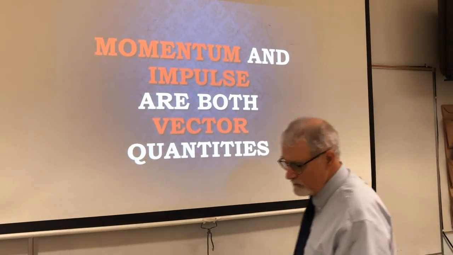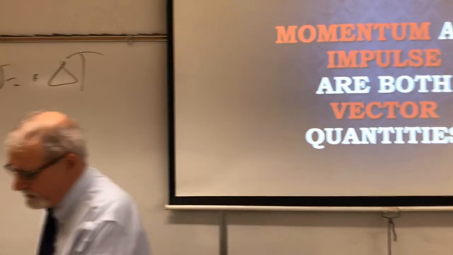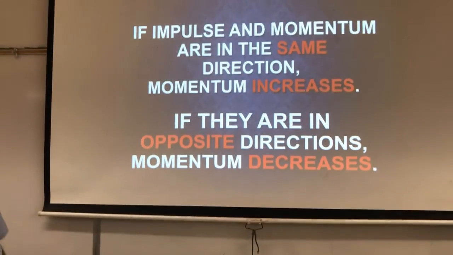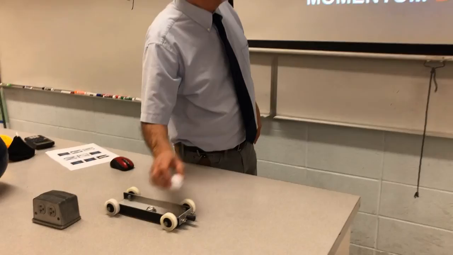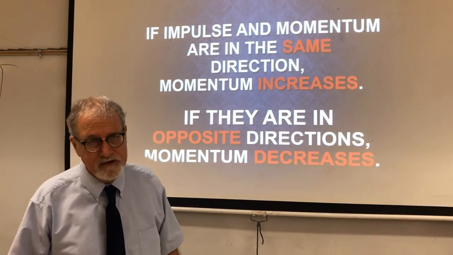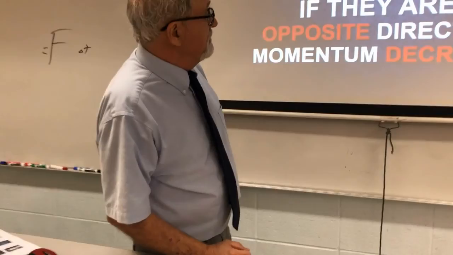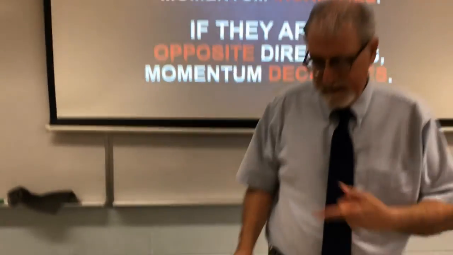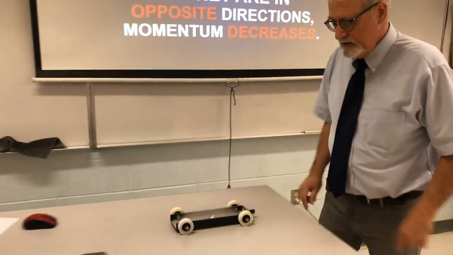Okay, momentum and impulse are both vector quantities. They have magnitude and direction. If the impulse and the momentum are in the same direction, momentum increases. If they're in the opposite direction, momentum decreases. Allow me to demonstrate. Look, the cart is going that way.